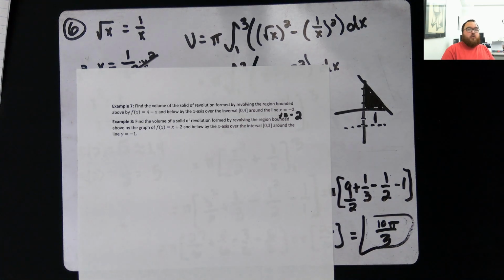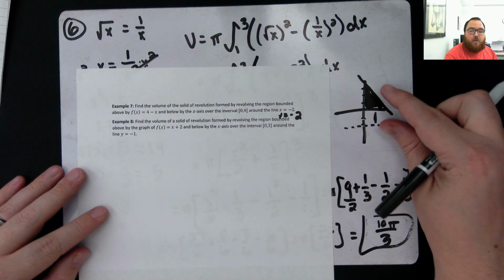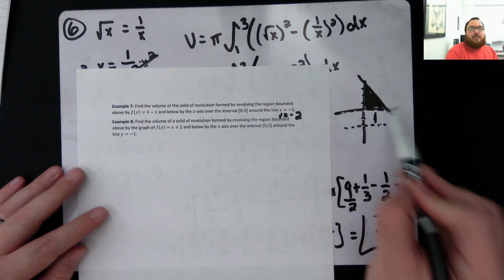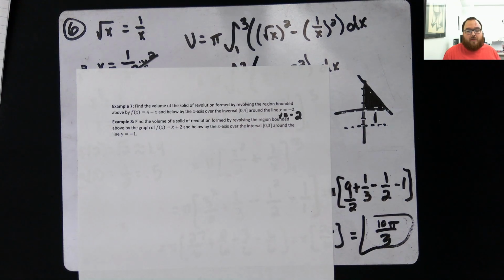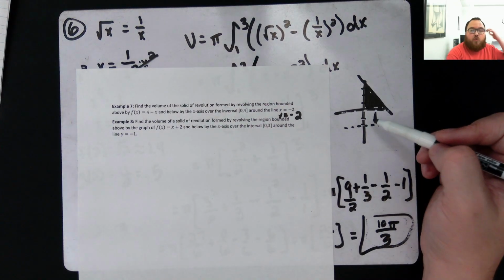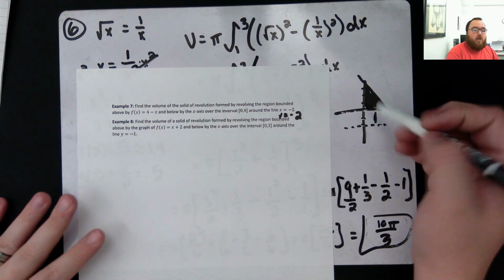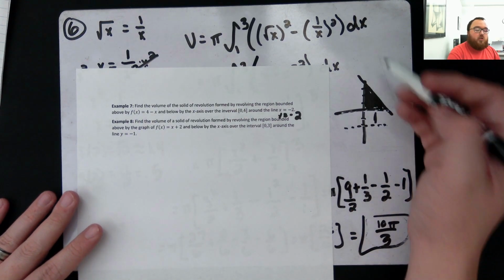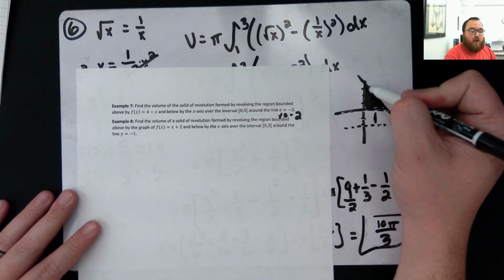How I'm going to do that is, in my head, I'm going to move this whole graph up so that this dashed line lines up with the x-axis, because I know how to handle that. That's what we've been doing. Moving this up doesn't really do anything, but it's going to change this graph.